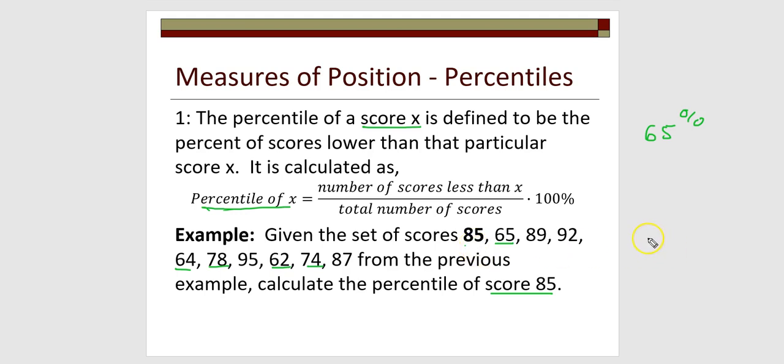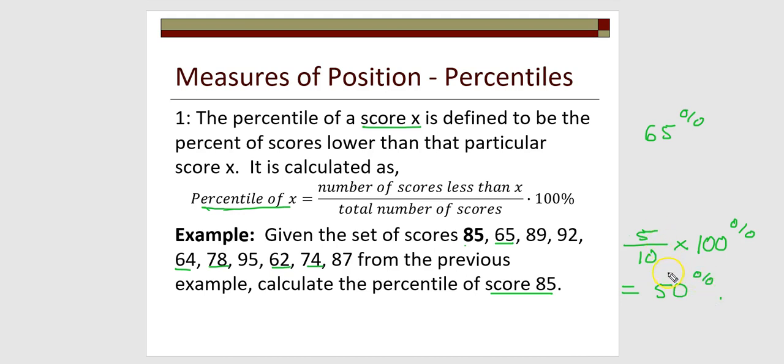And so it's going to be 5 divided by, and what's our total number of scores? We should have 10 here. 1, 2, 3, 4, 5, 6, 7, 8, 9. We have 10 scores, divided by 10 times 100%. And of course, that is equal to 50%.